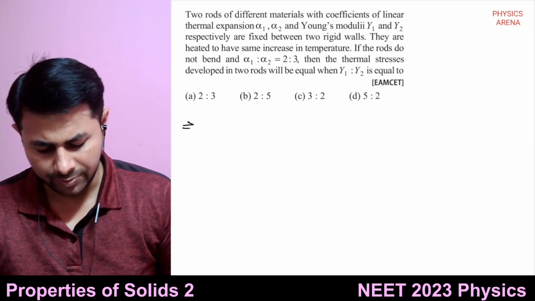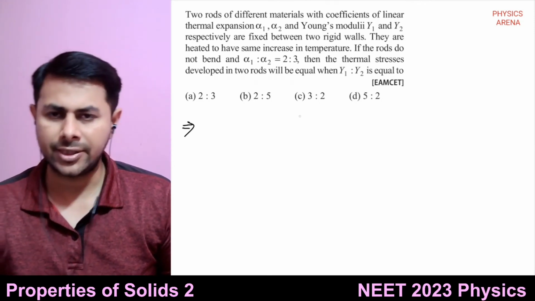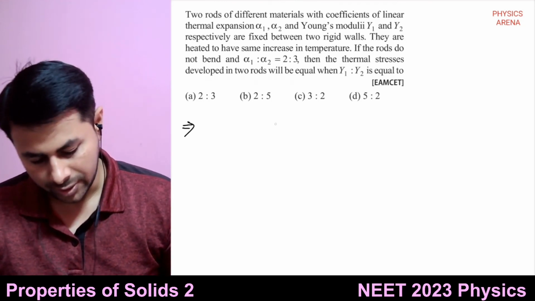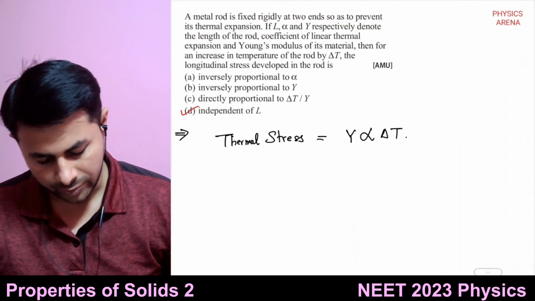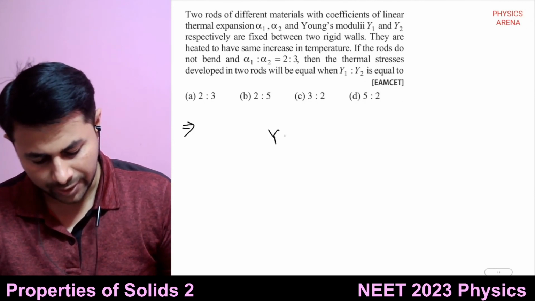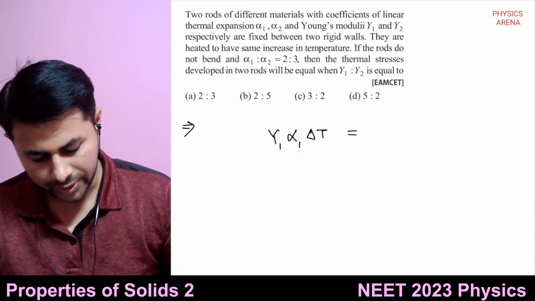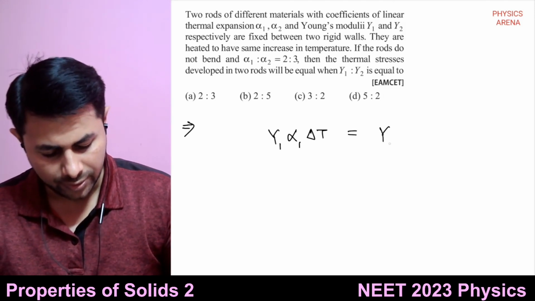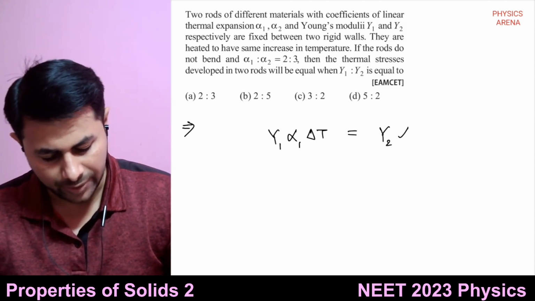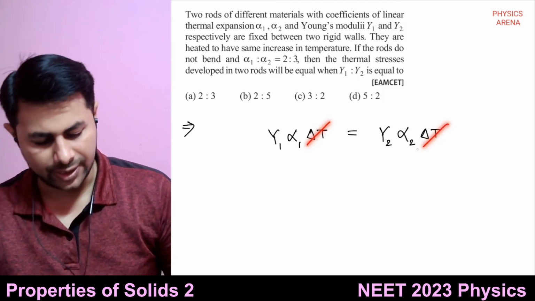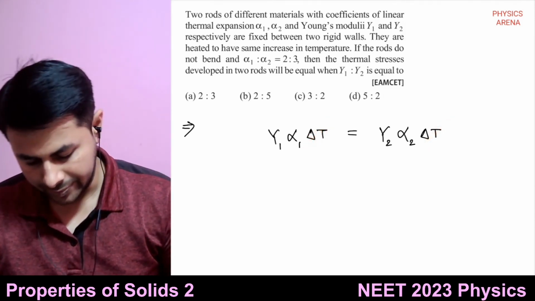Again, this is very simple question. Thermal stress in first one is equal to thermal stress in second one. So y times alpha delta T for first one is equal to y times alpha delta T for second one. Increment in temperature is same, so we can cancel it out.